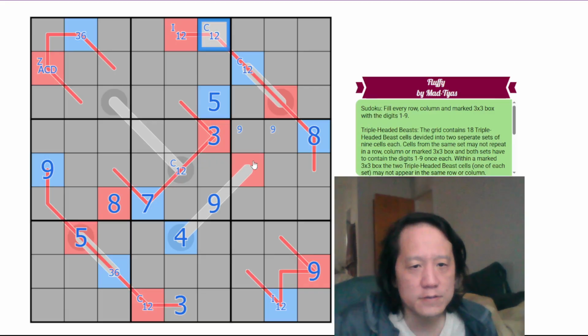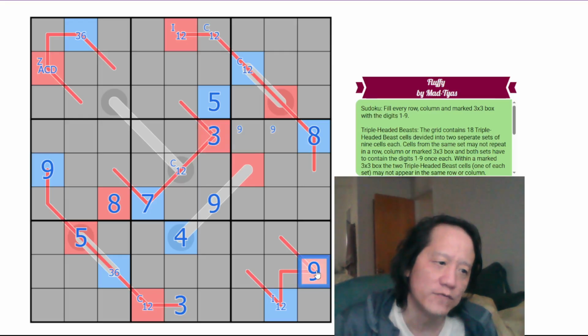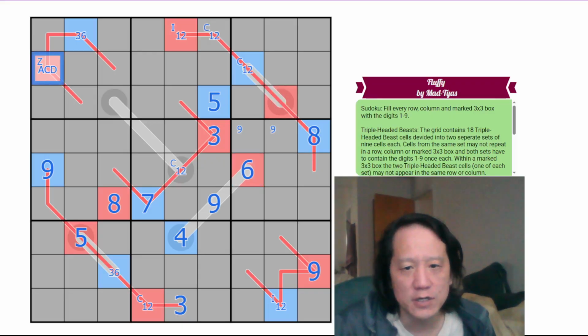And this has to be, so this has to add, this is 8. This must add up to 17 at least. We see 3 and 9. That's 12. So it must be 5 or 6 here. And we can't have 5 because we already have 5 in the red cells. So this is 6. So then this becomes a 4-7 pair here.